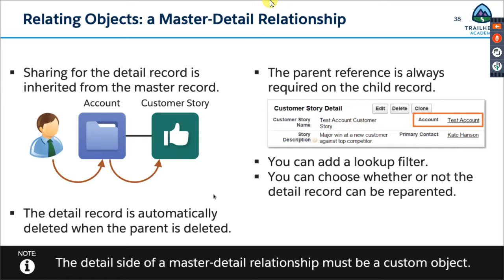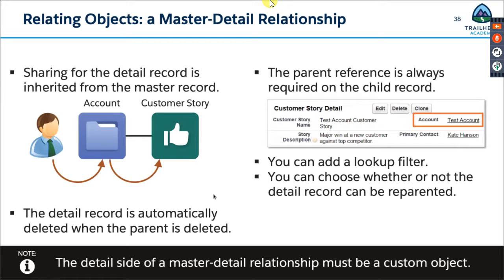Once an object becomes a detail, that field is removed from the object. And that field cannot be removed on standard objects, which means standard objects cannot be detailed in a master detail relationship because we cannot lose that owner field.